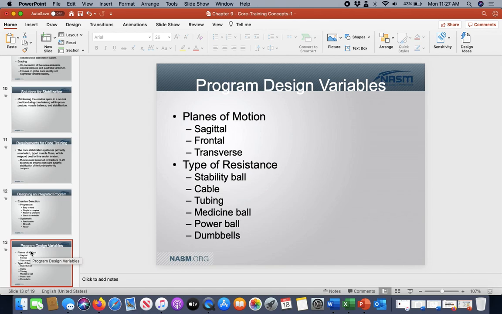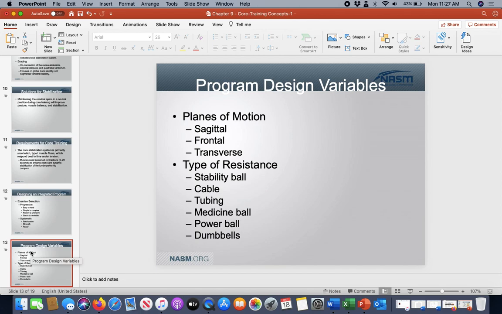It's going to challenge musculature in different planes and in different motion settings, so you can be a little bit more well-rounded. So again, start with sagittal, move to sagittal and frontal, then use sagittal, frontal, and transverse all together. Don't just stick to one. As you start progressing, you're going to change those variables for those planes of motion.